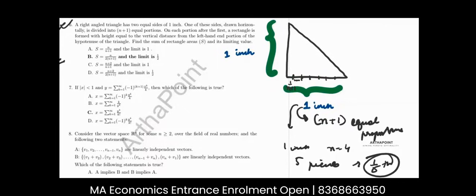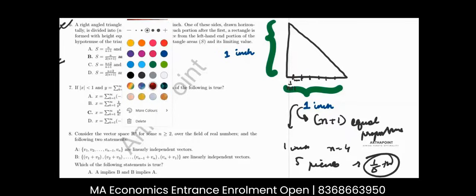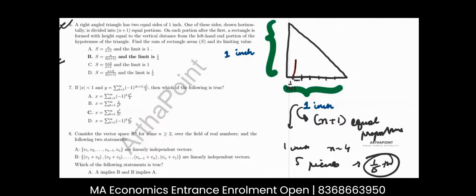On each proportion after the first, a rectangle is formed with the height equal to the vertical distance from the left hand end portion of the hypotenuse of the triangle. So what are we doing? We are formulating a rectangle over and above it, something like this.